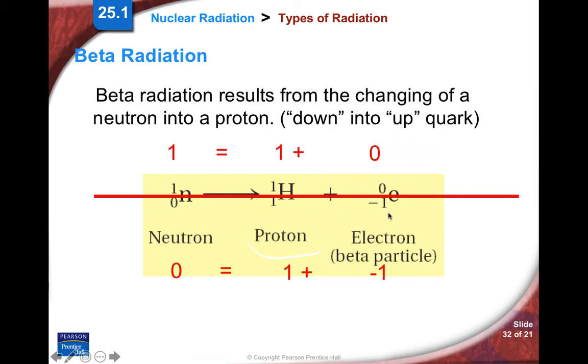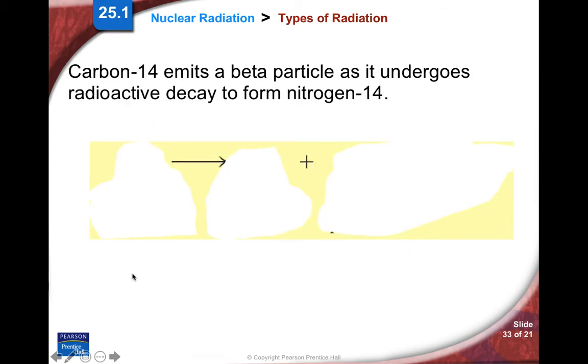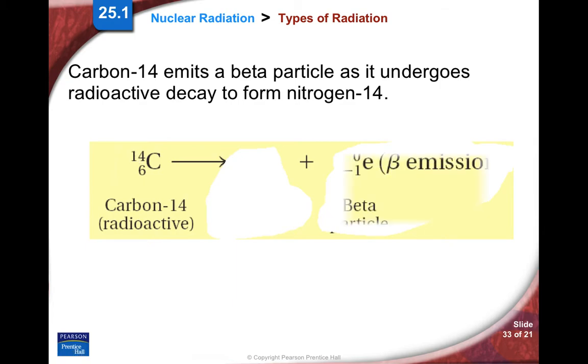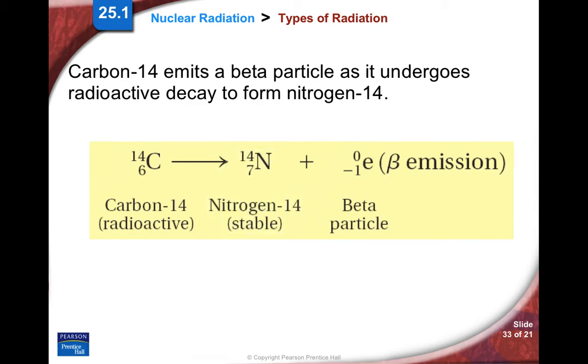This notation helps you see how that can happen, and of course beta particles can come out of large nuclei, not just from neutrons. So here's carbon-14. Carbon is element 6, 6 protons. 14 means it has 8 neutrons. If a beta particle comes out of a carbon-14 nucleus, you end up getting nitrogen. Nice, stable, good old, normal nitrogen.